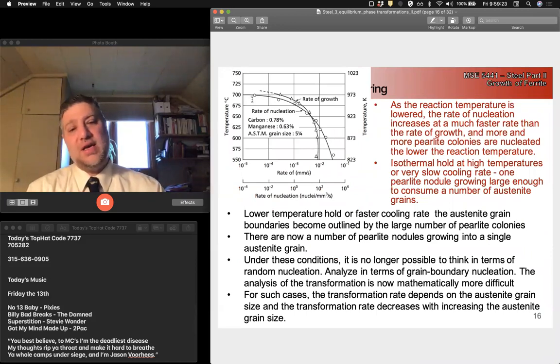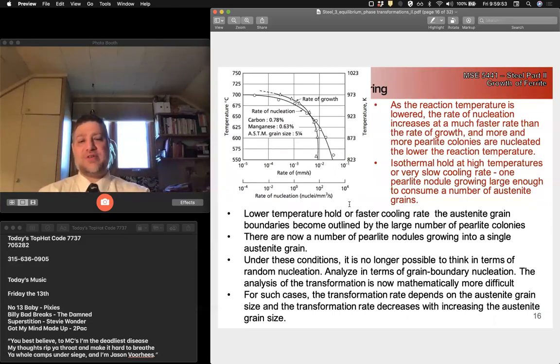And so we have a scenario where the growth rate and the nucleation rate are both increasing with undercooling up to a point, right? So we have a point that's going to be about here where our growth rate is going to saturate with undercooling. Our nucleation rate keeps increasing with undercooling.